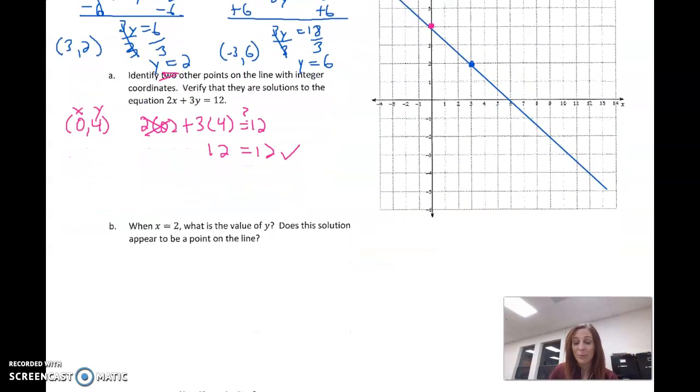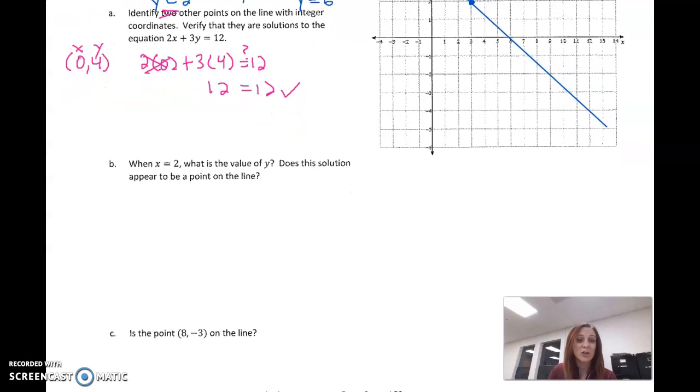And I can do that for any point on the line. So when x equals 2, what is the value of y? Again, I'm using this equation here, and I'm going to plug 2 in for x. 2 times 2 plus 3 times y equals 12. So we get 4 plus 3y equals 12.